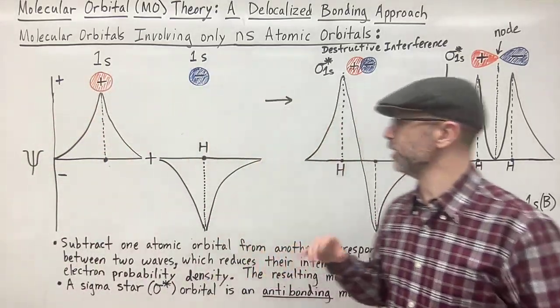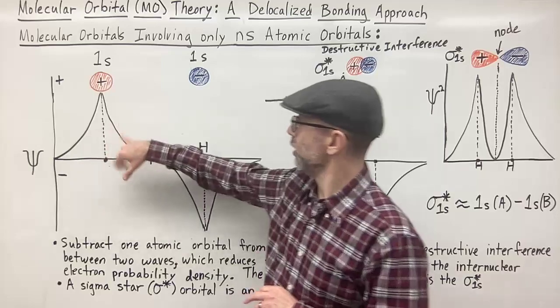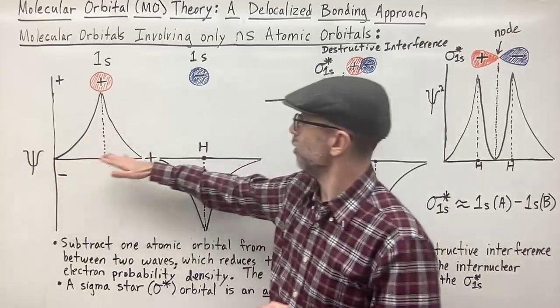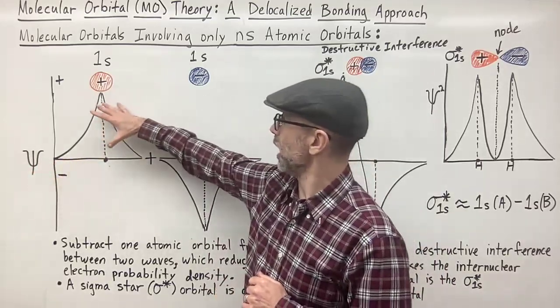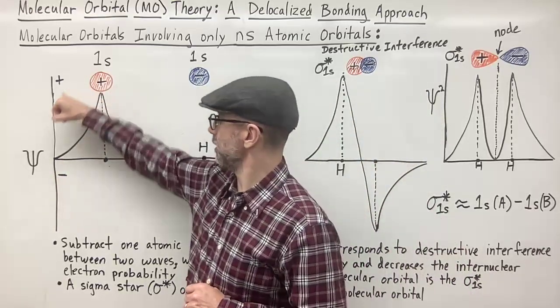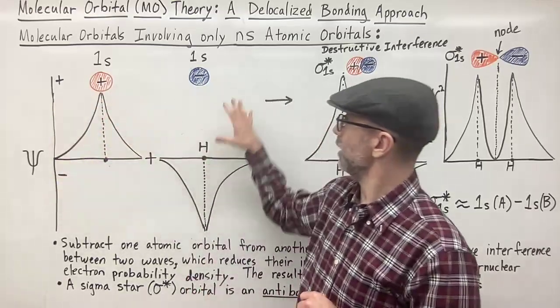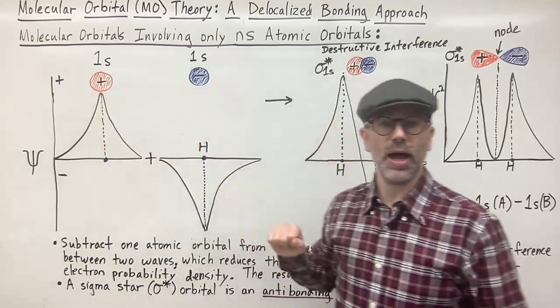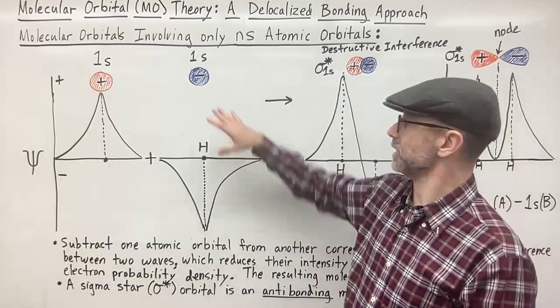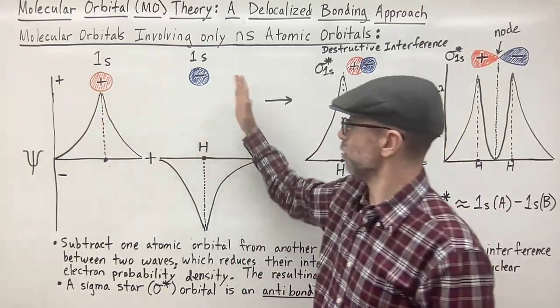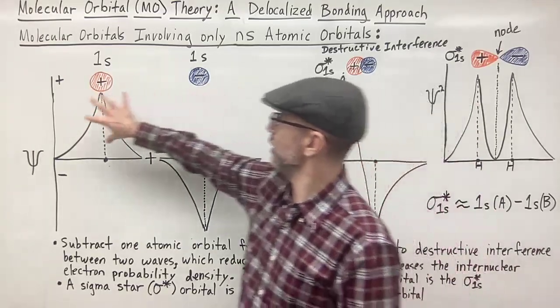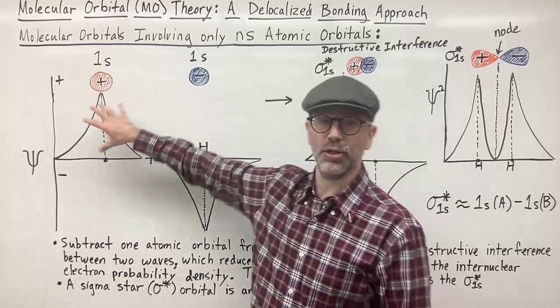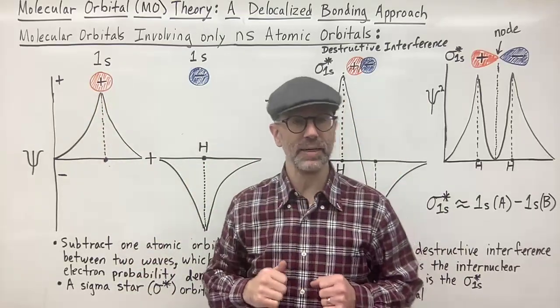So in the previous drawing, both of the wave functions were on the positive side. So we have the positive and we have the negative. Before, the wave functions for both of the electrons in the two hydrogen atoms were positive, so when they add together, that is a constructive combining.